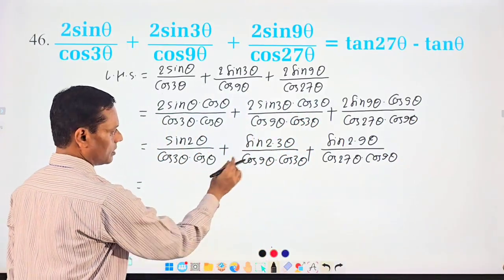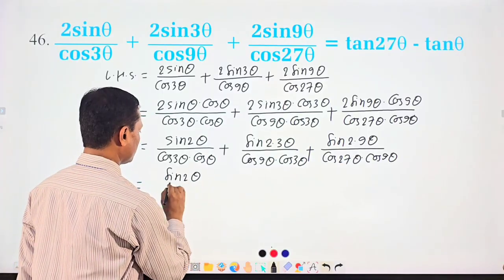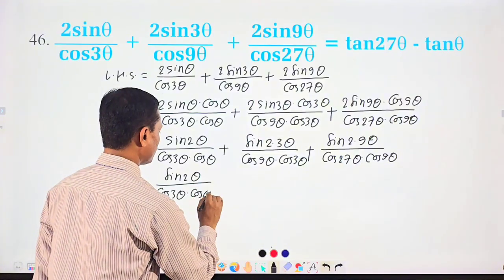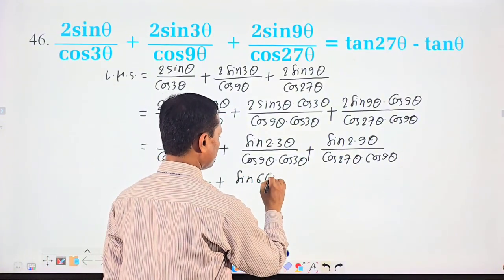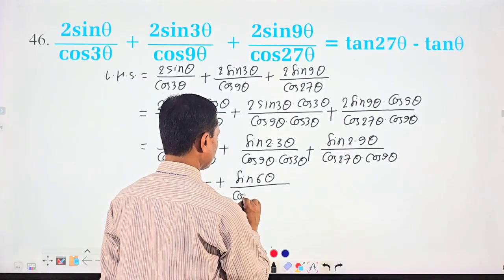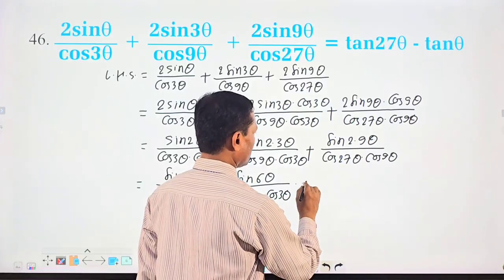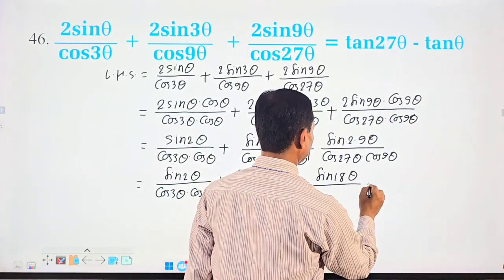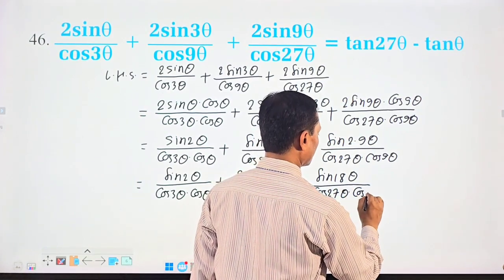So after that, let's multiply them, isn't it? So we have here sin 2 theta over cos 3 theta into cos theta, plus sin 6 theta over cos 9 theta dot cos 3 theta, plus sin 18 theta over cos 27 theta dot cos 9 theta.